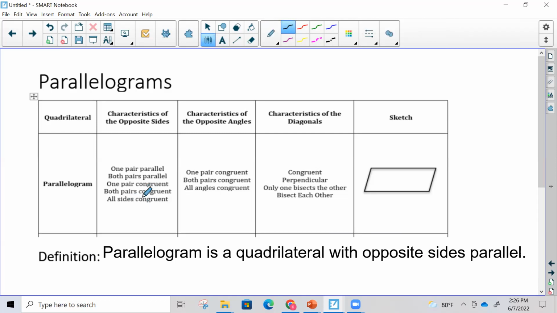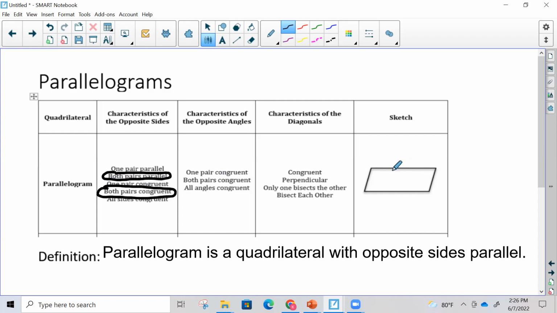When we're looking at this, we're talking all about opposite sides. This is characteristic of opposite sides, this is characteristic of opposite angles, and then we have characteristics of the diagonals. For opposite sides, we know for a parallelogram, both pairs are parallel. And the other thing we know is that both are also congruent. So opposite sides are both parallel and congruent.